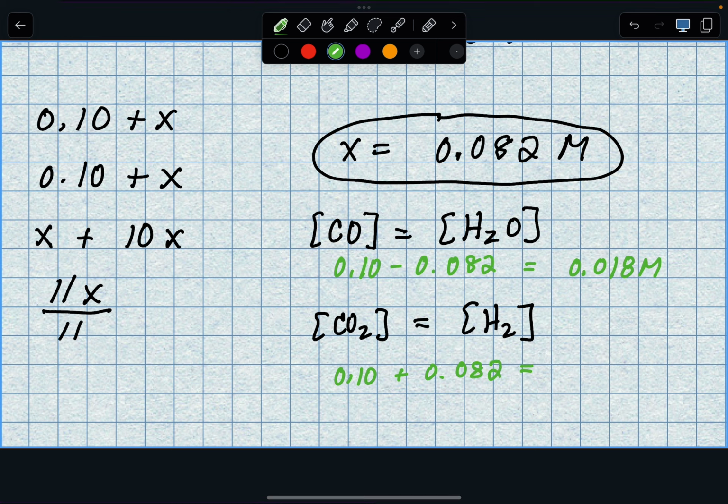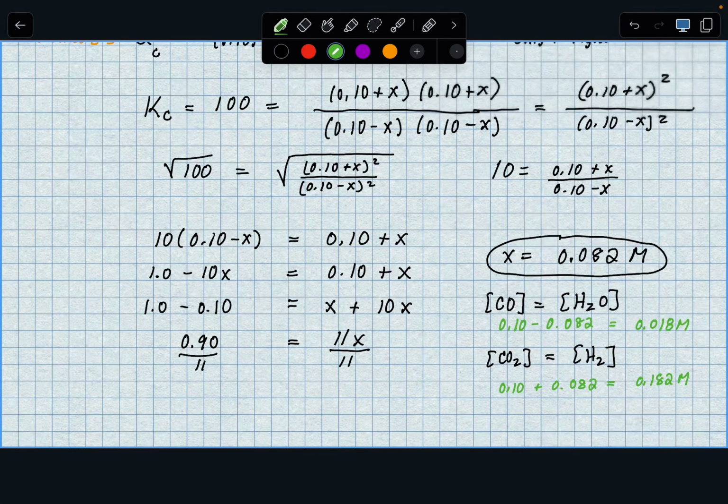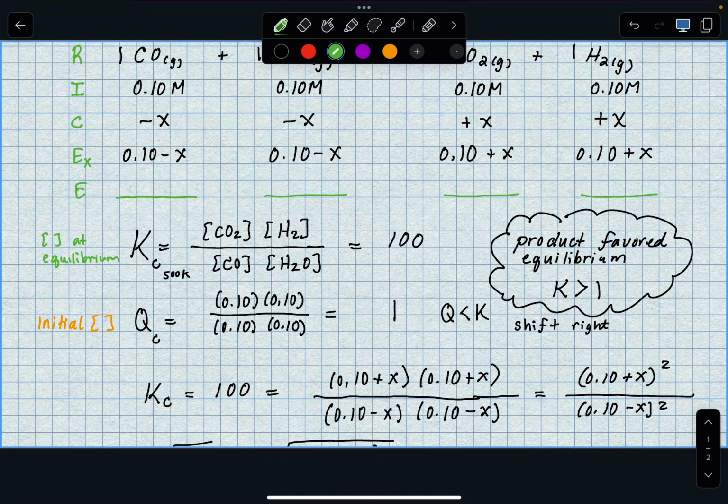And then the other one is 0.1, plus that x value, which is small, but it does create more product. And then 0.182. And then I'll put those numbers back up at the top where they belong, up here. So 0.018 molar, 0.018 molar, and then 0.182 molar, and 0.182 molar.